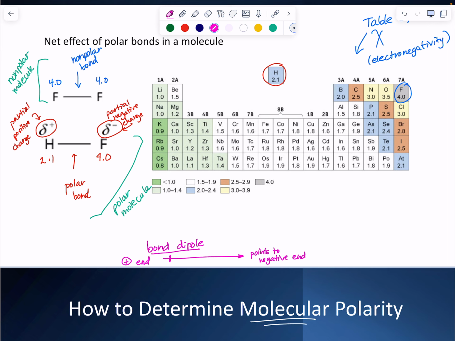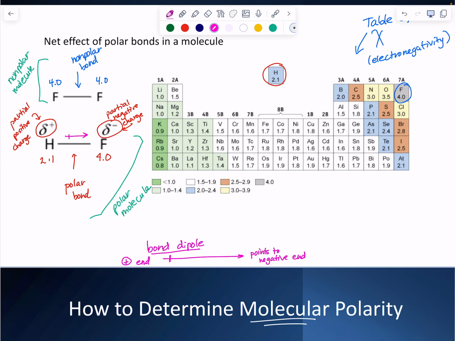And recall, we mentioned this before in class, the length is going to tell you something about the magnitude of the unequal distribution of charge. So if we have a lot of charge at one end and a little bit at the other, it's going to be a long dipole. If the atoms' electronegativity is more similar, then you would have a shorter bond dipole. So here we have a very big difference between our two atoms. So we draw the bond dipole like that.